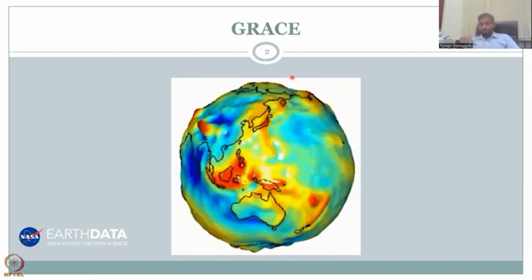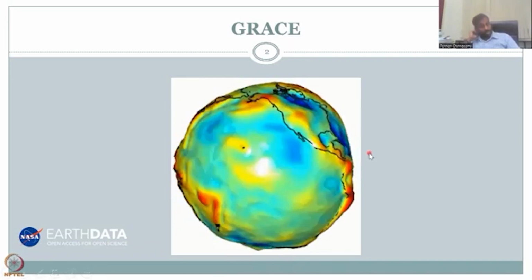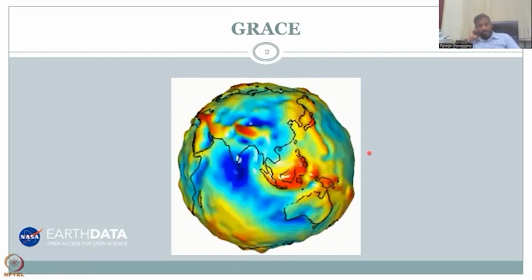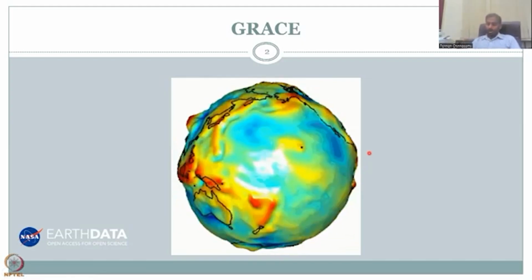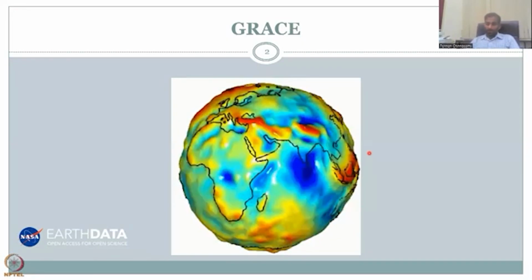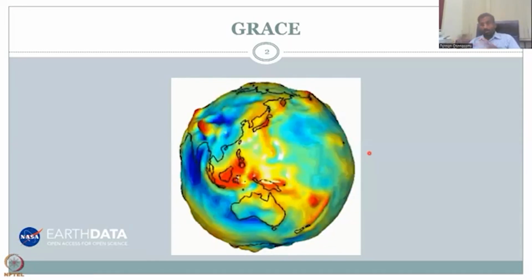GRACE also has ocean data, so that is why you see the data continuously throughout the globe. Unlike other data which only captures the images, here you have a value, and the value is converted to a pixel value. So the Earth's surface is not a smooth surface.